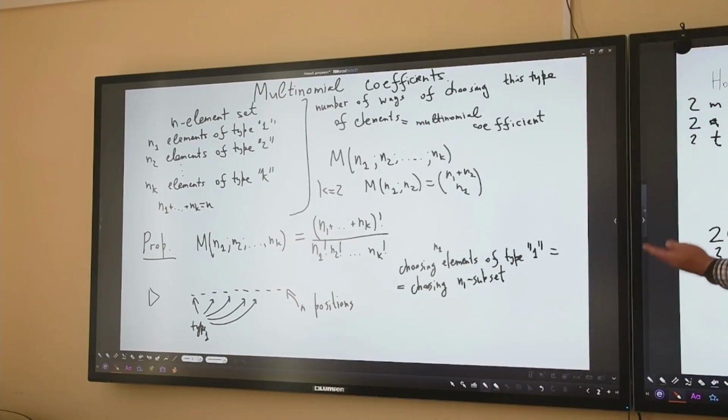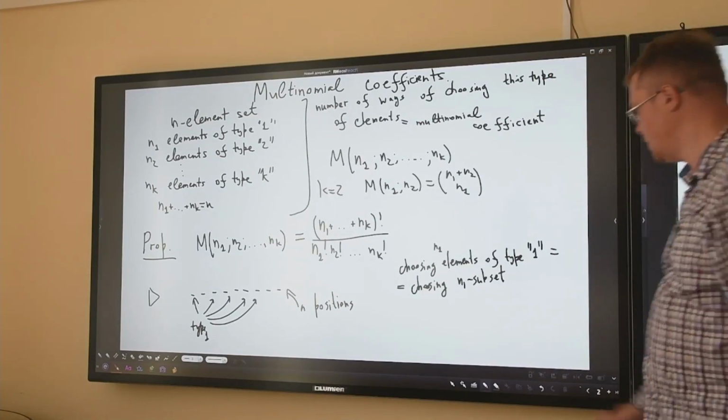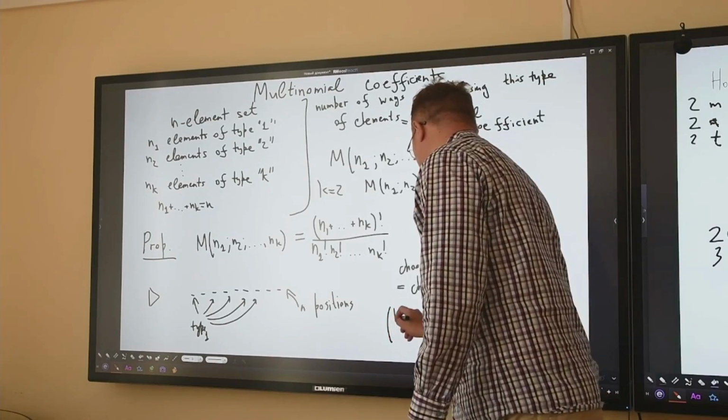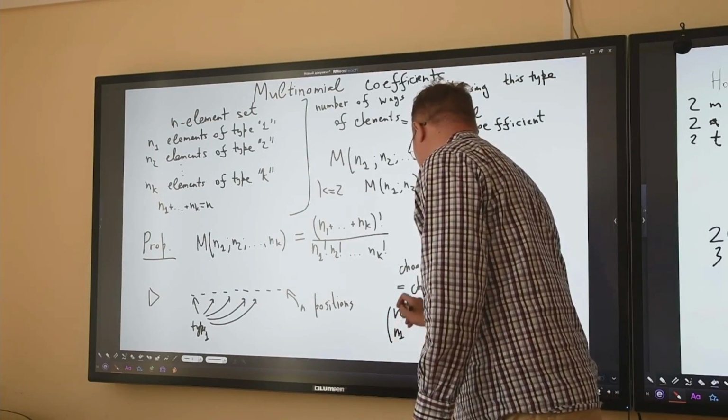And we know that the number of n1-element subsets in my set is nothing but n choose n1.